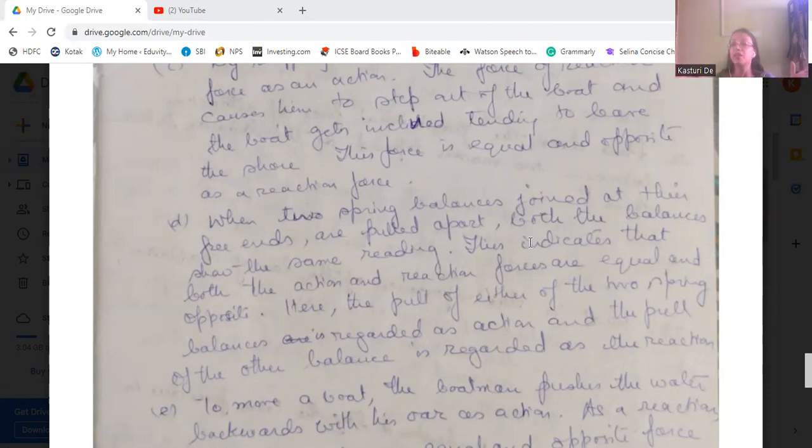Because this indicates that both the action and the reaction forces are equal and opposite. Here, the pull of either of the two balances is regarded as action, and the pull of the other balance is regarded as the reaction. One pull will be action, another pull will be the reaction, so the same reading will be there. That's why they show the same reading.